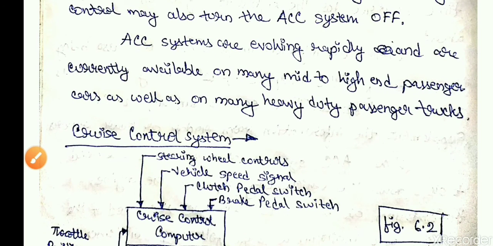Now see, ACC systems are evolving rapidly and are currently available on many mid to high end passenger cars. That means nowadays we can see this ACC system in mid to high range passenger cars as well as on many heavy duty passenger trucks.